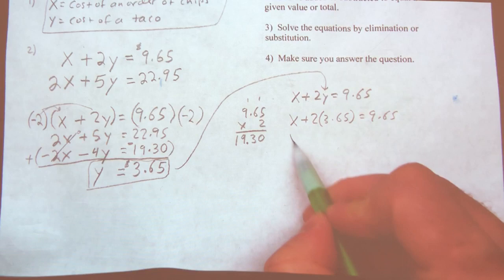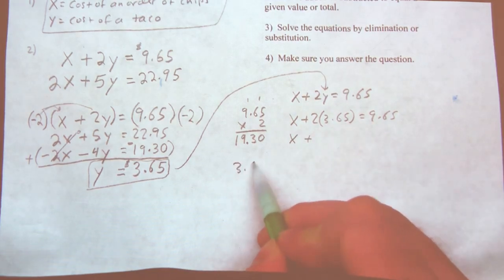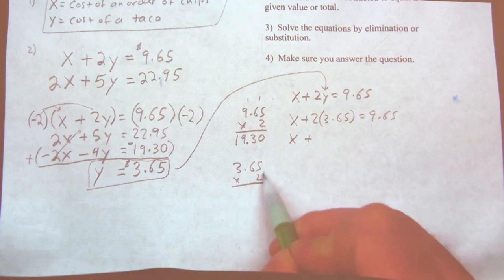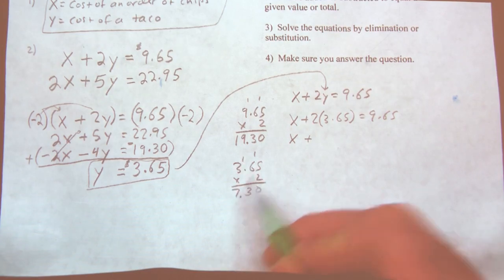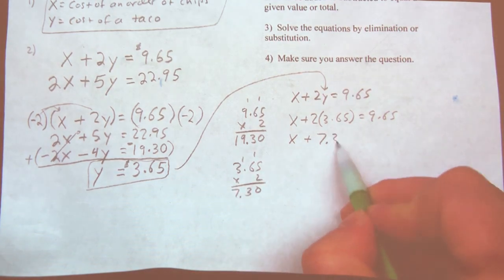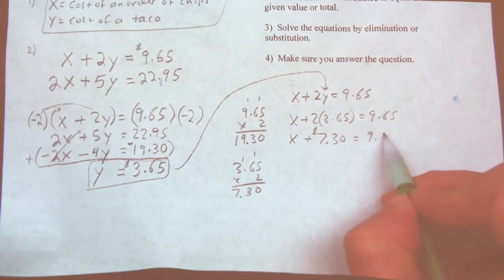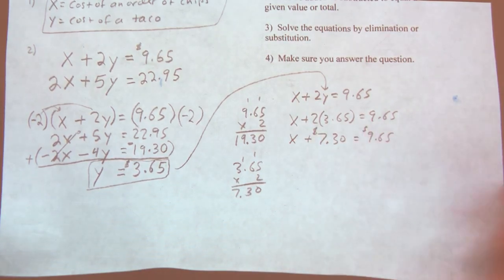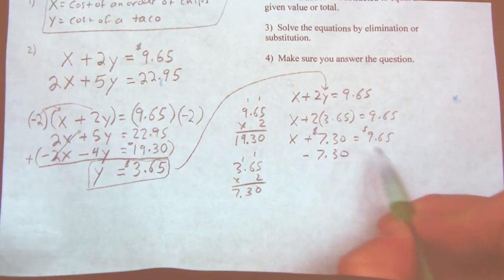So that's going to be x plus, and then we'll do this multiplication. 3.65 times 2 is going to be $7.30, equals $9.65. You just subtract $7.30 from both sides.